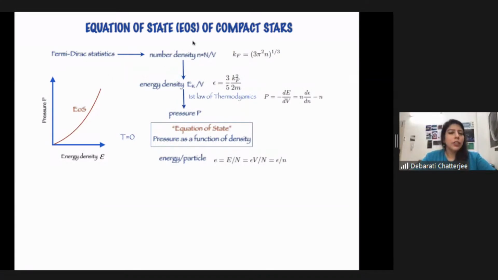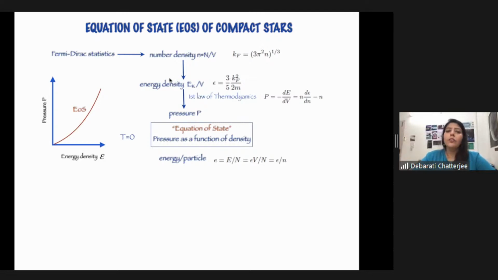And this relation tells you that the Fermi momentum of the particle is related to the number density, according to this equation. In a similar way, if you integrate over the energy levels, then you get an energy density, and this is also related to this Fermi momentum.